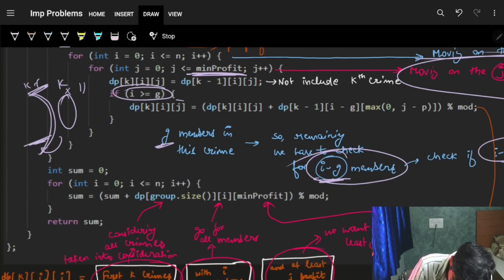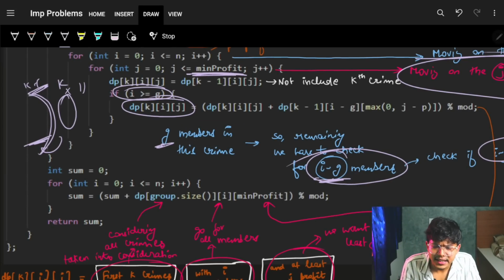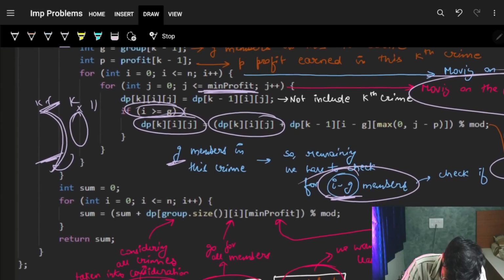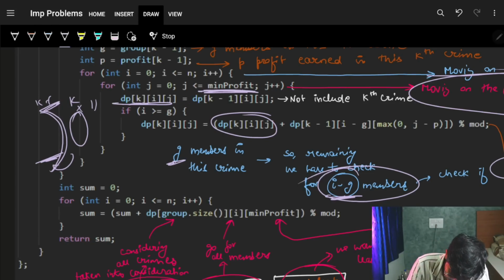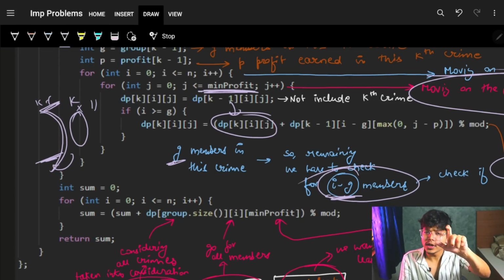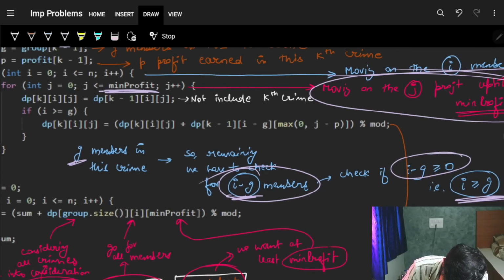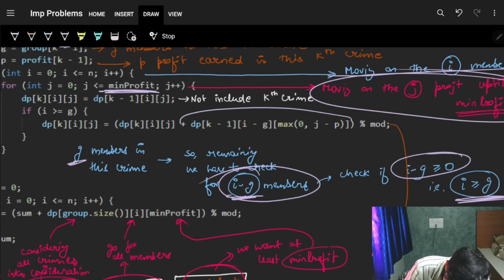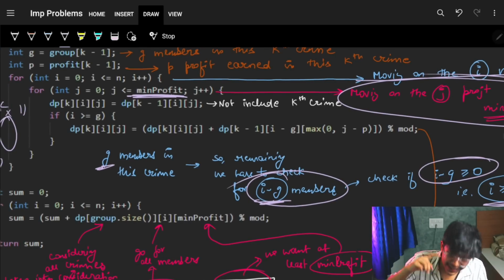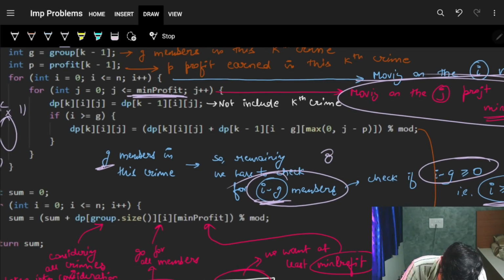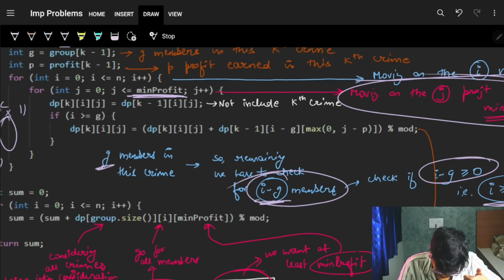Then, to grab this kth crime, it is exactly the same thing. This part is here, exactly here. So it is just not including that kth crime, and here is the part of including the kth crime, which means if I included the crime K, then my G was used.